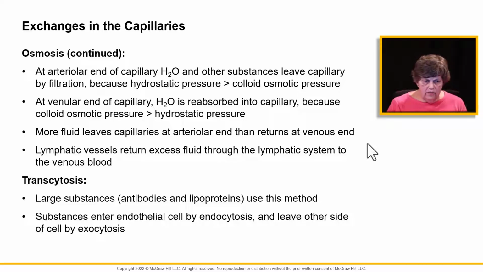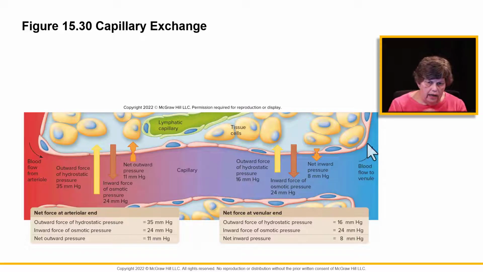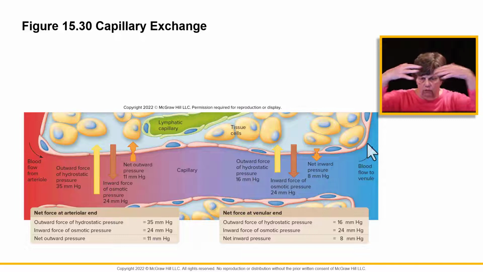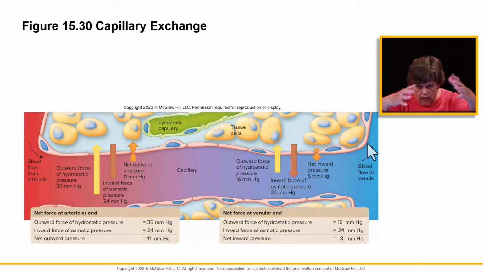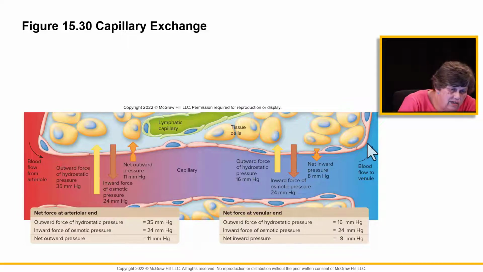The substances are moved into the cell, and they leave the other side of the cell by exocytosis. We wrap it with the membrane, and then we take it out. So this is the capillary exchange. We're coming in from the arterial side. Because of the blood pressure, this is higher than the pressure in the cell, so things will move into the cell.